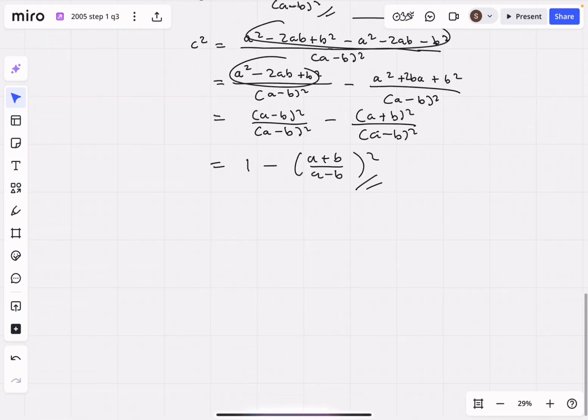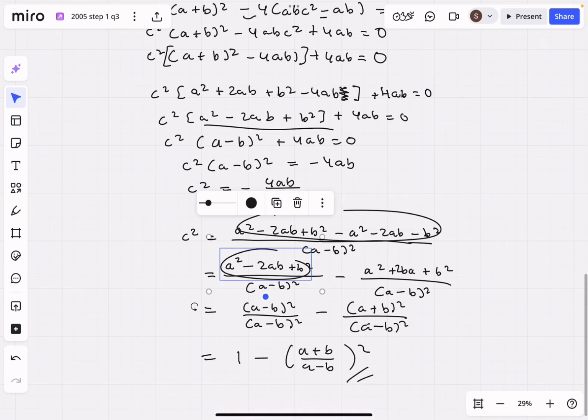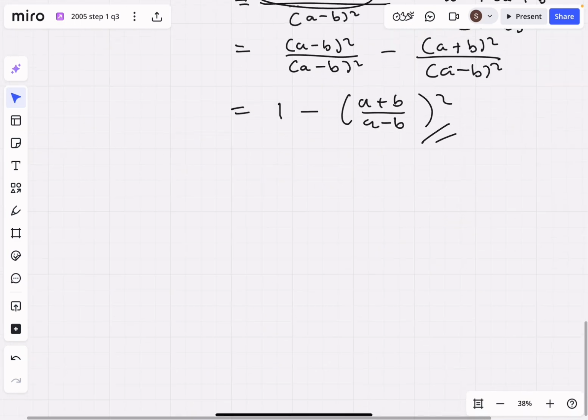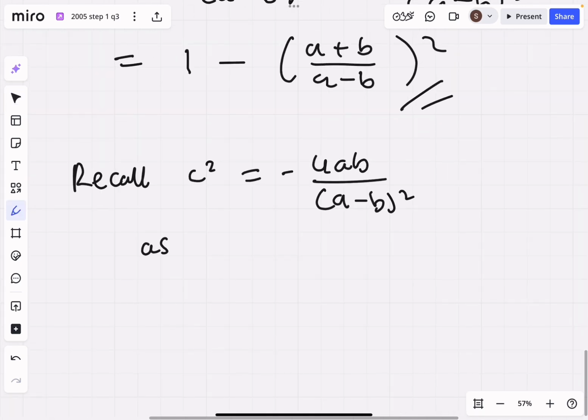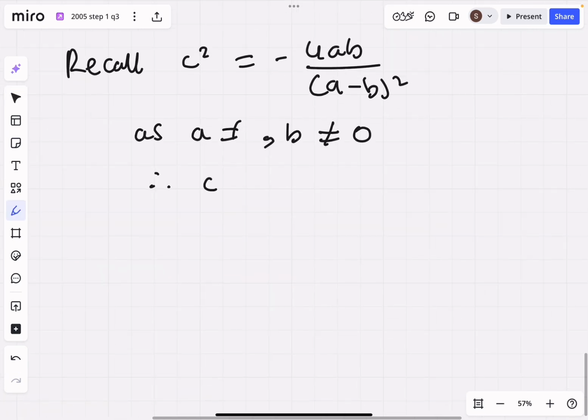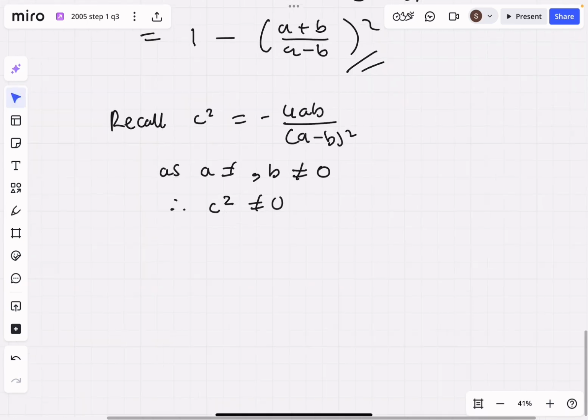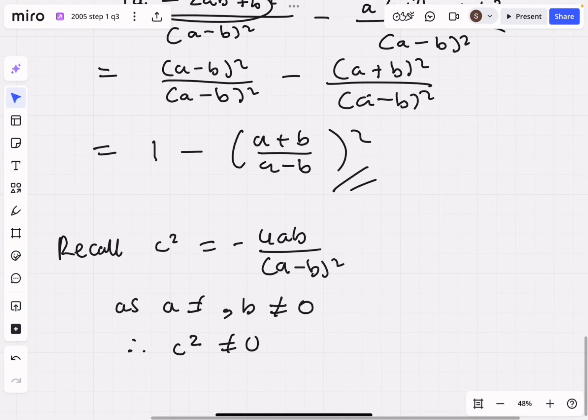Well, if we recall from the previous part that c squared equals minus 4ab over (a minus b) squared, and we know that a is not equal to 0, and we know that b is not equal to 0, so therefore c squared cannot be equal to 0.